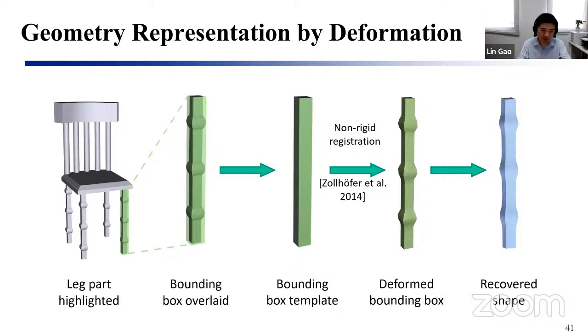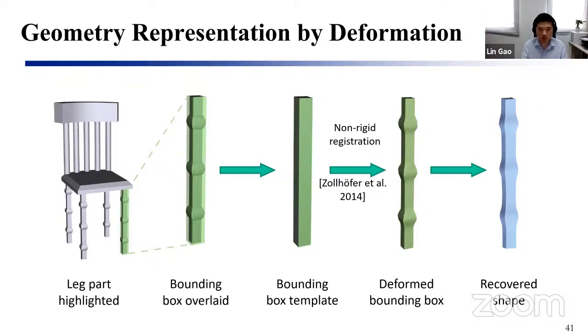And this bounding box defines a template. And then we could apply non-rigid registration to deform the template to approximate the target geometry. So here we deform the cube, and after the deformation, the cube looks like the input shape.